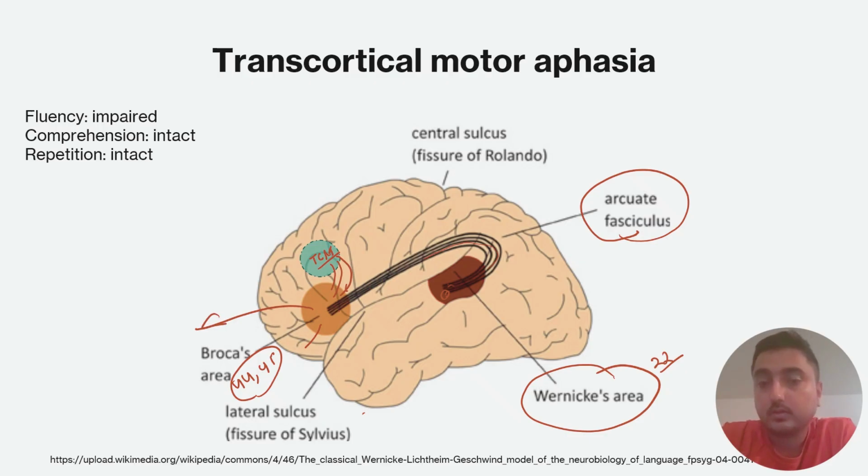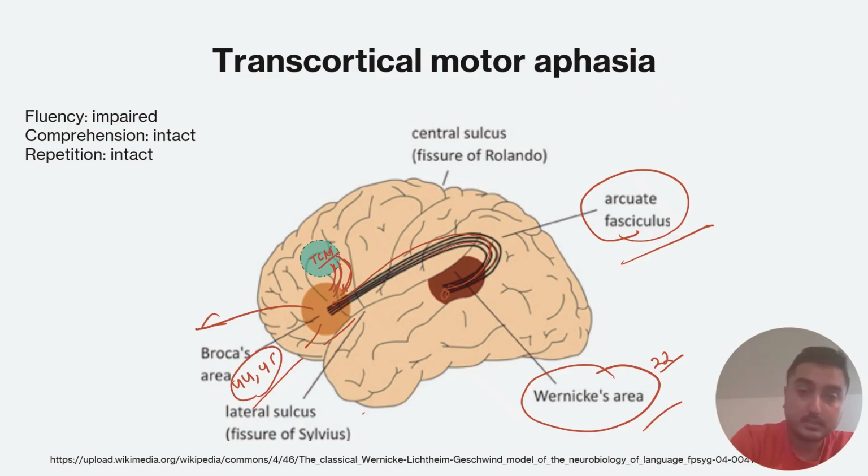In order to repeat the words that a patient hears, this axis should be intact. You should have an intact Wernicke's area, an intact arcuate fasciculus, and an intact Broca's area. What TCM is doing is just facilitating Broca's area to produce speech. If it is involved, it's not like what you see in Broca's aphasia.